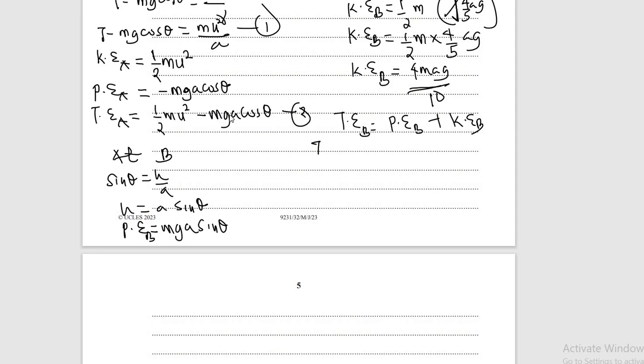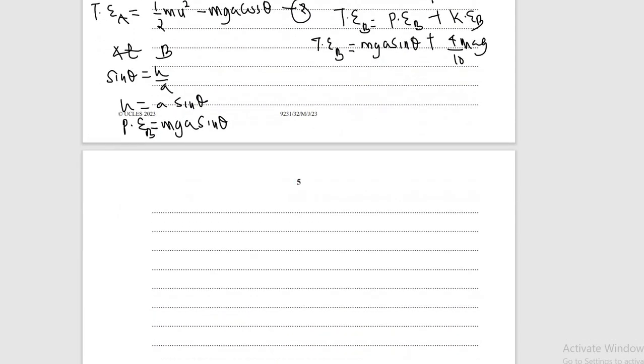So total energy at B is mga sine theta plus kinetic energy, which is 4 over 10 mag.